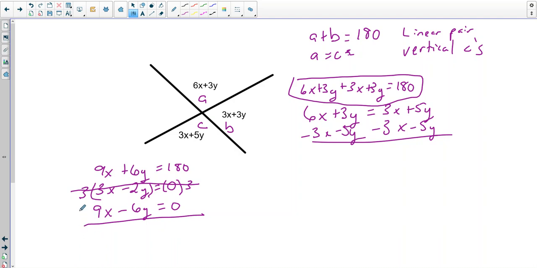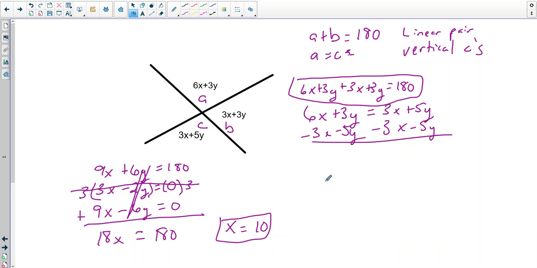So if I look at this combination, 9x plus 9x is 18x, 6y minus 6y goes away, and 180 plus 0 is 180. That gives me a value of 10 for my x. All right, so now that I know x is 10, I can put that back into any of my equations and find the value of y.